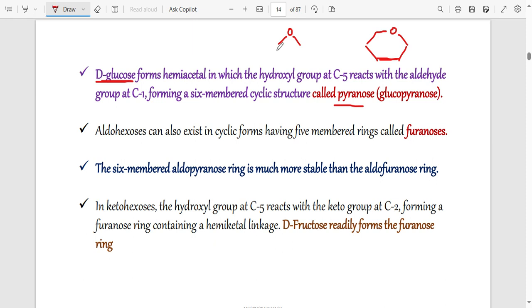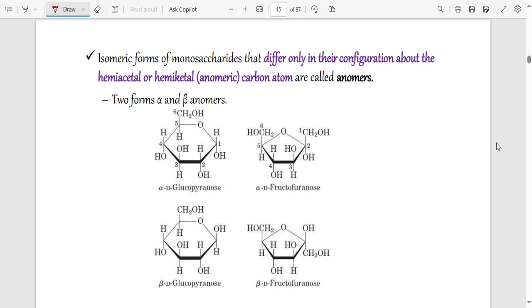A furanose ring looks like a pentagon. So every time something has a pentagon shape, that is a furanose structure. Even though fructose has 6 carbons, it forms a furanose ring. So that is what you need to take note of.